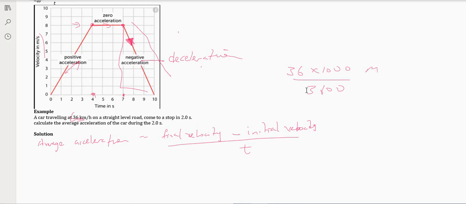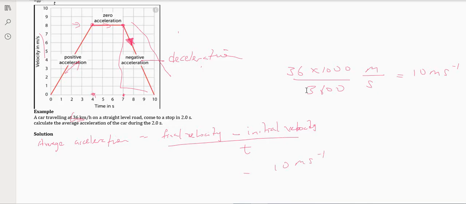So when we do that, we get a velocity of 10 meters per second. Having said that, we now know that our initial velocity is 10 meters per second.